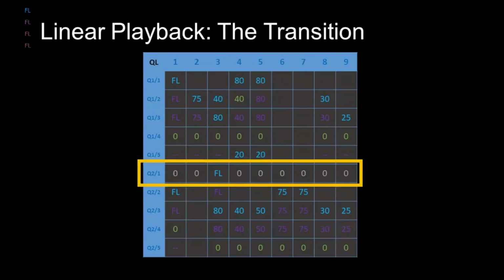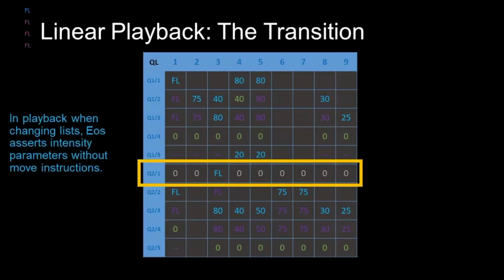When, in fact, what's going to happen is because we're transitioning to a whole new cue list, we are going to give you an assert on intensity parameters, right? So in this instance, all of my other channels are going to fade to 0 with the exception of channel 3.